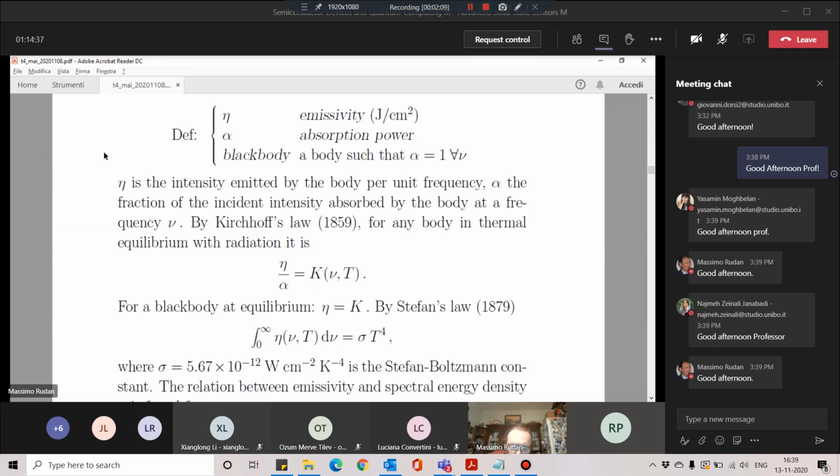That is that the integral of the emissivity of the black body is proportional to the fourth power of temperature, and the constant is the Stefan-Boltzmann constant. This applies to a black body, okay? For a body that is not a black body, instead of sigma, we would have sigma times another constant that depends on the body.